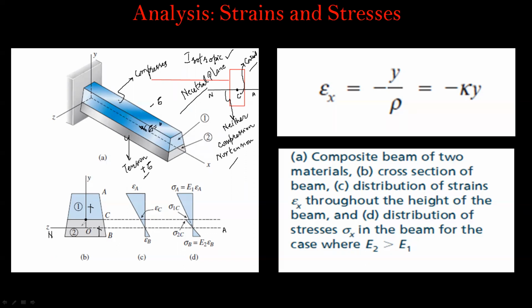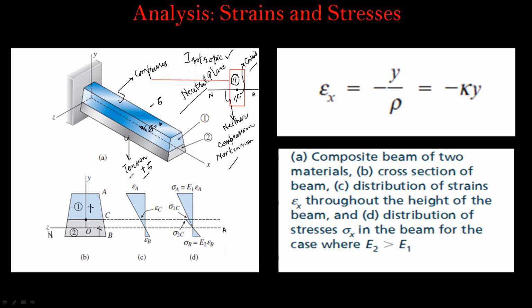But the fact is, here we are taking the neutral axis away from the centroidal axis, because passing of the neutral axis through the centroidal axis is good for isotropic materials, but that is not the case for non-isotropic materials. We are having a non-isotropic material. It's a composite beam. So we assume that the neutral axis is passing through the axis O, and the centroidal axis is somewhere over here.